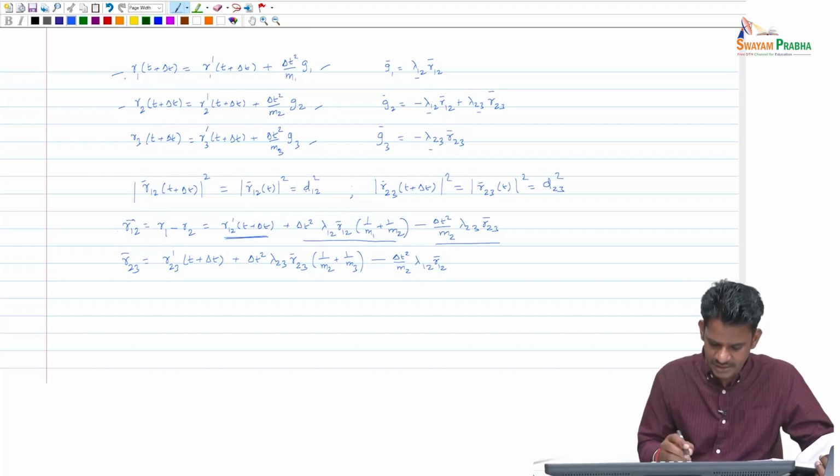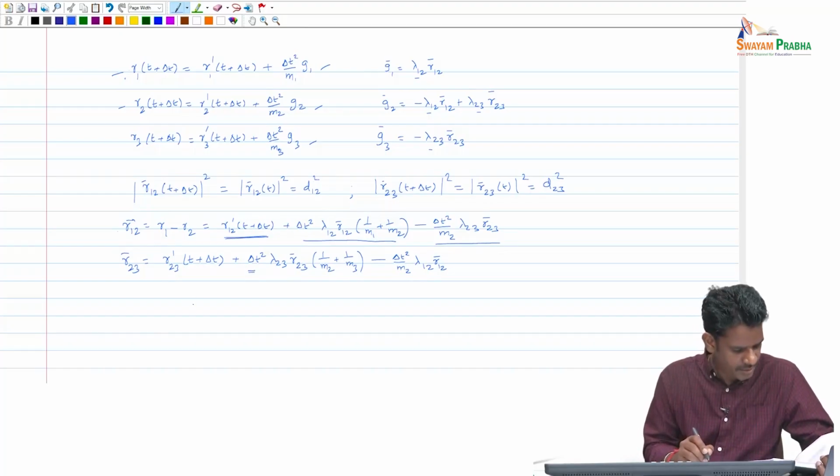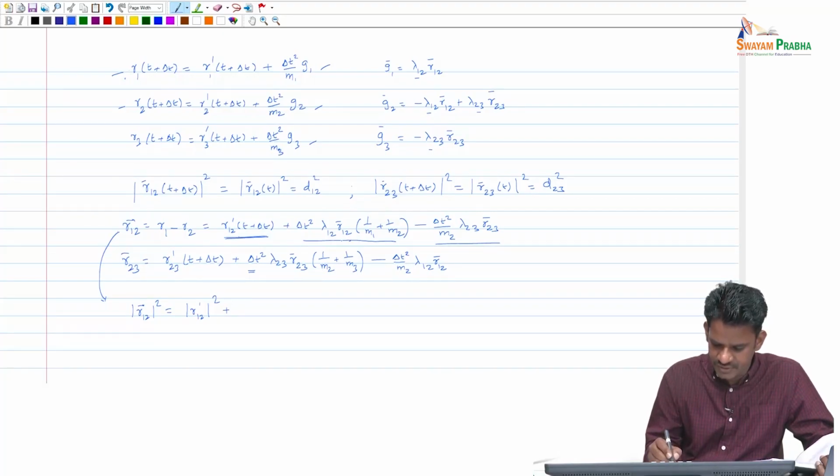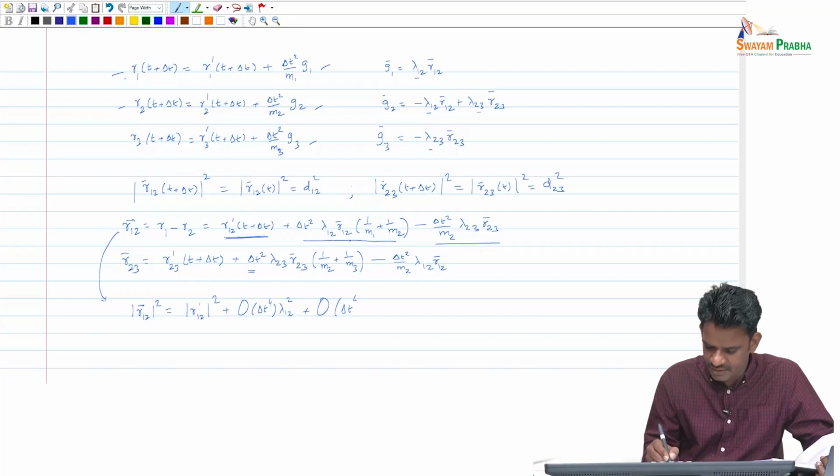If you do that, you can see that there are terms which are delta t square, and if you take this and square it, you will get the square of the first term, and then the square of this term, which is going to be of the order of delta t to the power 4, and this will have lambda 12 square. And if you take the square of this term, it will also have order of delta t to the power 4, and then you have lambda 23 square.